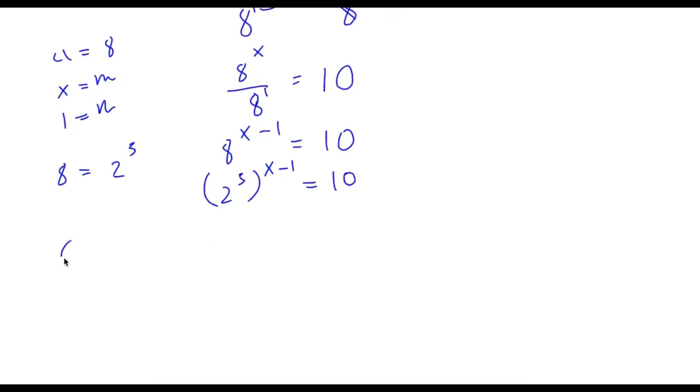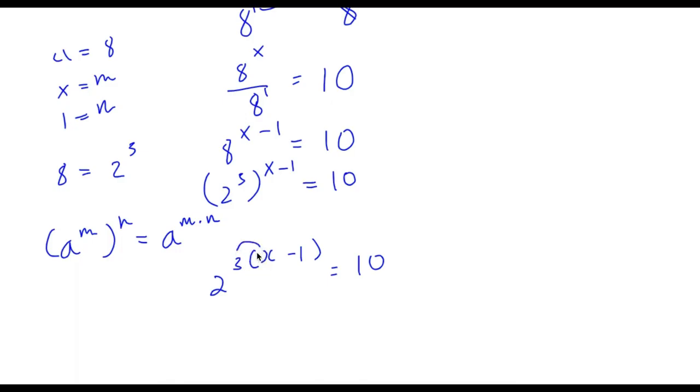Now, if I have something in the form a to the power of m to the power of n, this is the same thing as a to the power of m times n. So 2 to the power of 3 to the power of x minus 1 is the same thing as 2 to the power of 3 times x minus 1, is equal to 10.